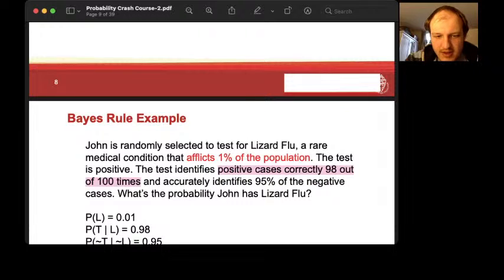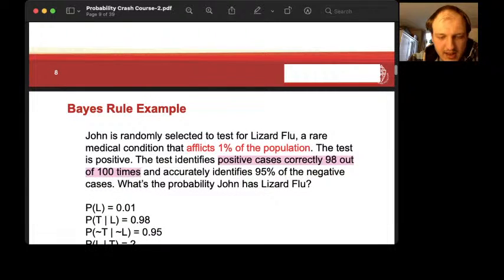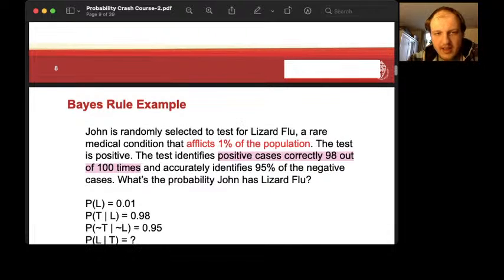So given that you are positive, the test will correctly find it in 98% of the cases, and accurately identifies 95% of the negative cases. So that will be, if you know that you don't have it, then the test will be negative with 95% probability. Another question is, given that we know the test is positive, what is the probability that John has the lizard flu?